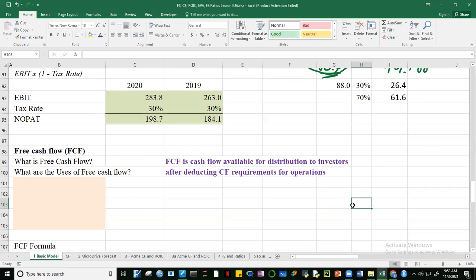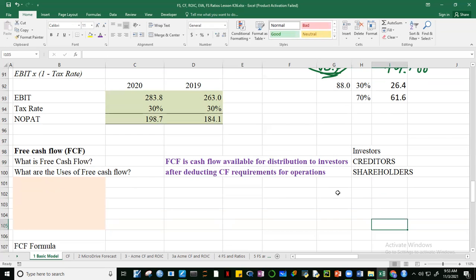What's done here, guys, is that you have your net cash flow, and then you subtract the cash flow requirements for operations, and then how much should be distributed to investors. When we say investors, remember, this includes creditors and shareholders, right? So these are our investors.